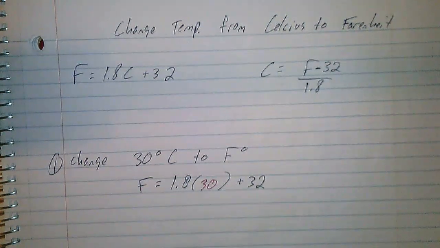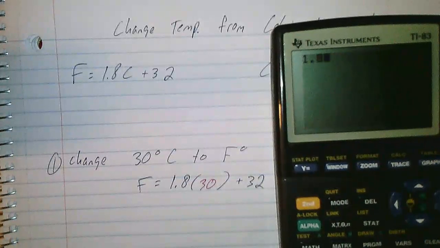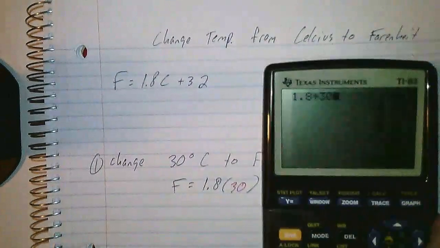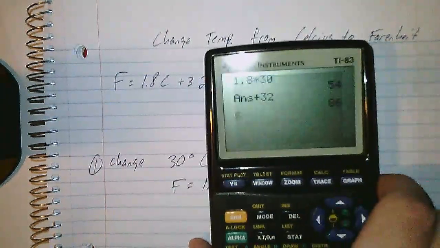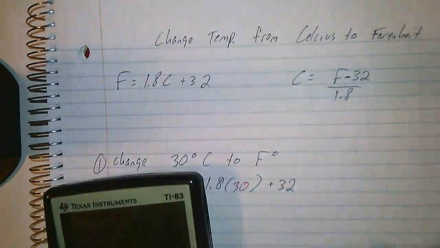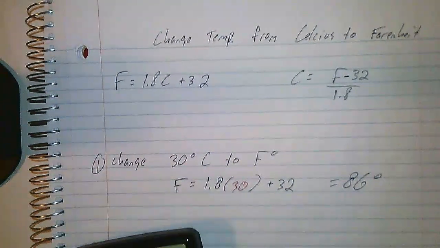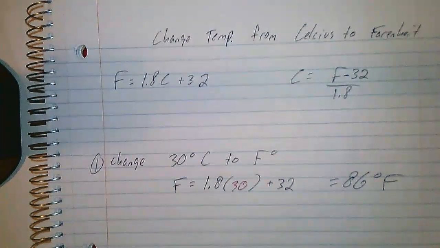And then we'll add 32. So 1.8 times 30. And then we add 32. And we get 86 degrees. We got to put the unit, that is Fahrenheit. So it's just plugging in the numeric value for the temperature and seeing what you get.